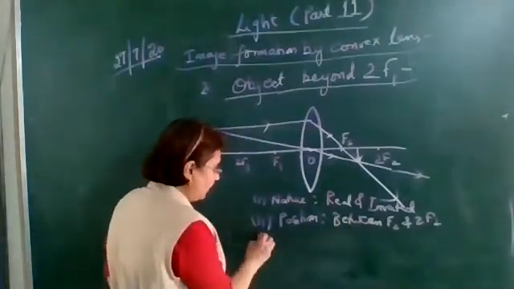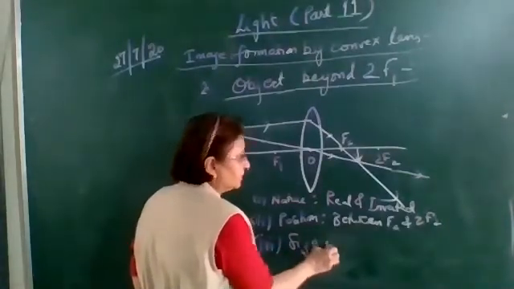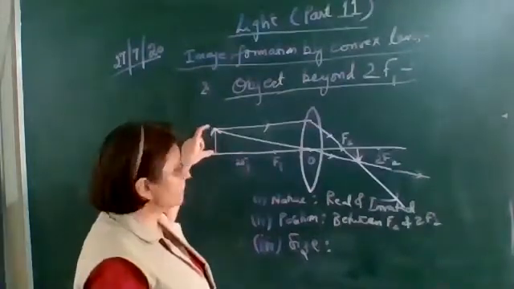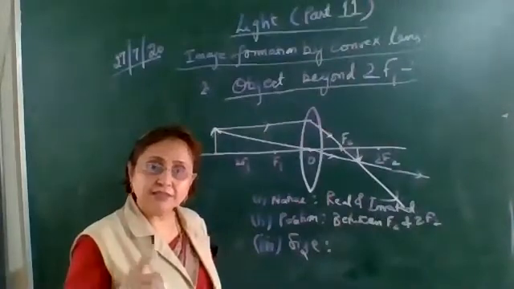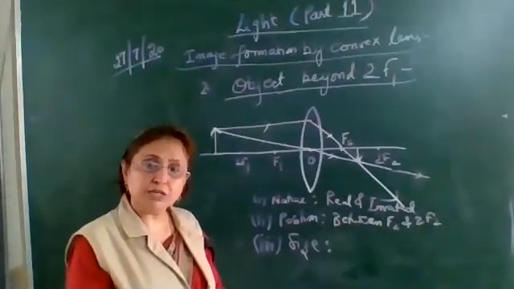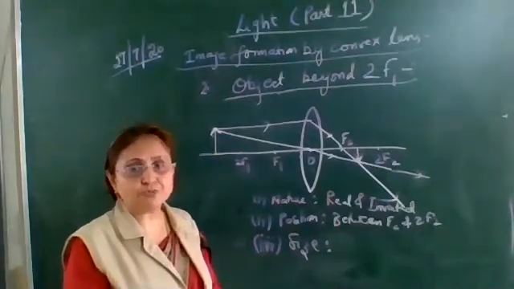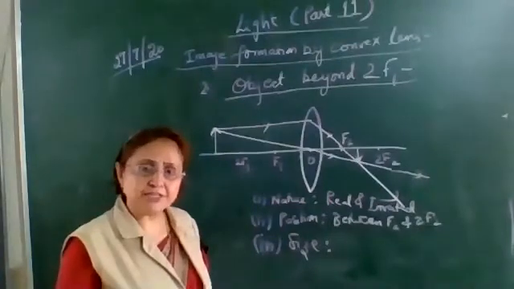The third point is size of the image. Draw it with the help of a scale and measure the height of the object, measure the height of the image. You will see that the image is smaller in size. The size of the image is smaller than the object, and any small size image we call a diminished image.